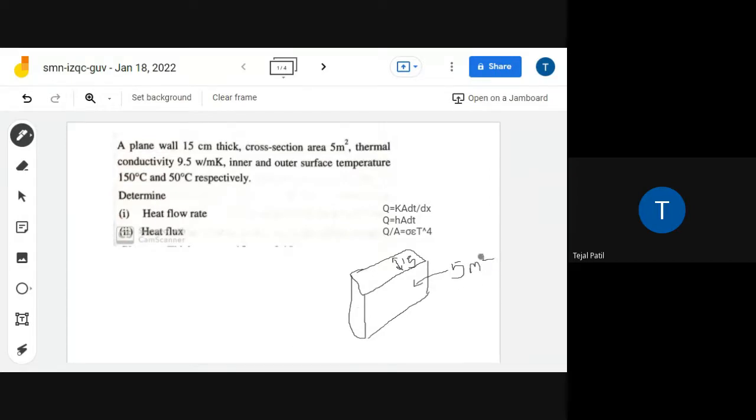Thermal conductivity is given as 9.5, and the inner and outer surface temperatures are given as 150 and 50 degrees Celsius. So here the temperature is 150, and on the back side the temperature is 50.